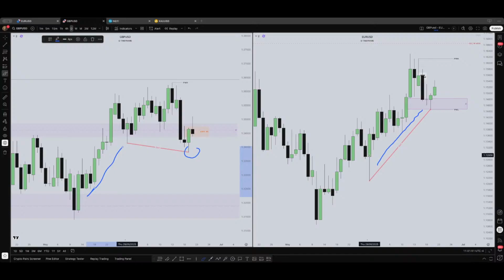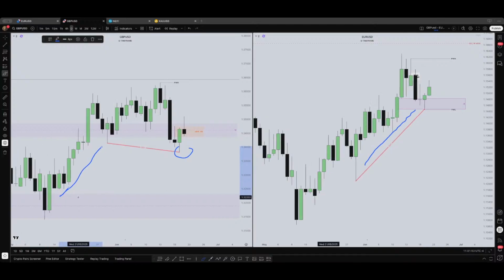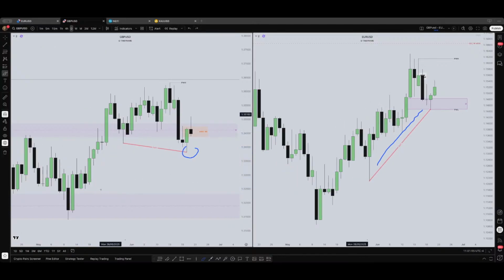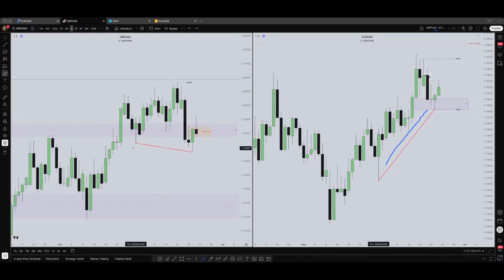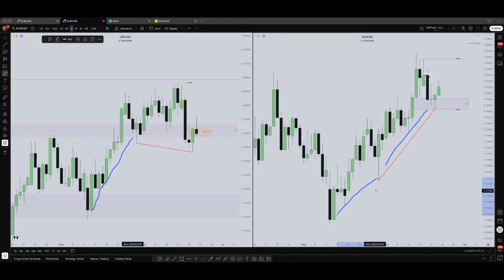While at this point, GBP USD was showing strength and USD was showing weakness. But basically the idea I want to share with you is one of the assets is stronger, one is weaker.